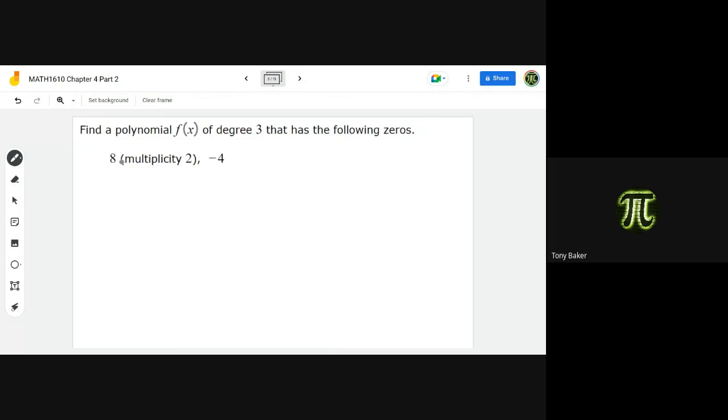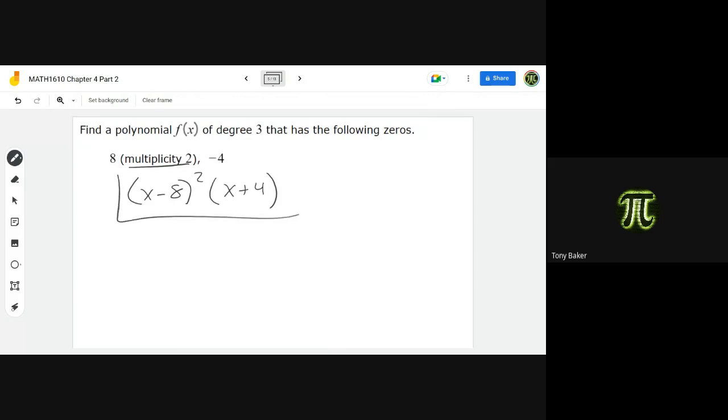So one of my zeros is 8 and it has a multiplicity of 2. So then my parenthesis is going to be what? x minus 8, because it's the opposite of it, right? So x minus 8 and the squared, because it's a multiplicity of 2. The minus 4 is going to be x plus 4.